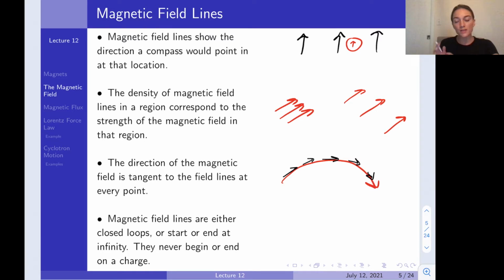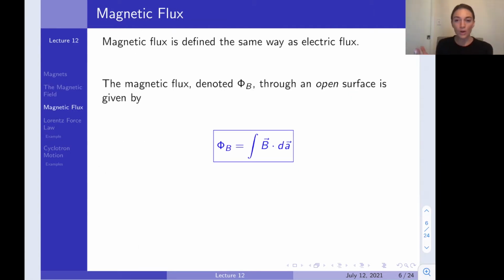One thing that's very different about magnetic fields, which we're going to talk more about in a second, compared to the electric field, is that magnetic field lines never start or end on a charge or a point. We will only ever see magnetic field lines that loop back on themselves, or they start at infinity and end at infinity.